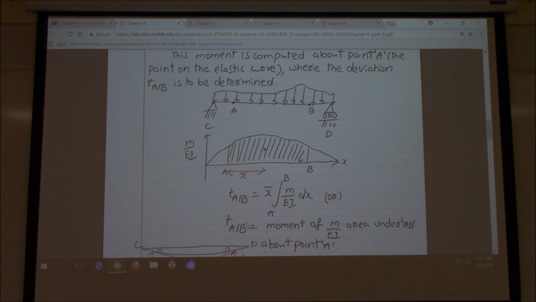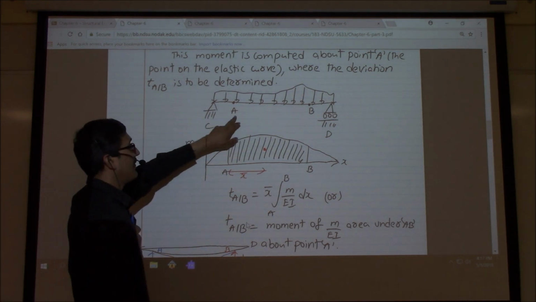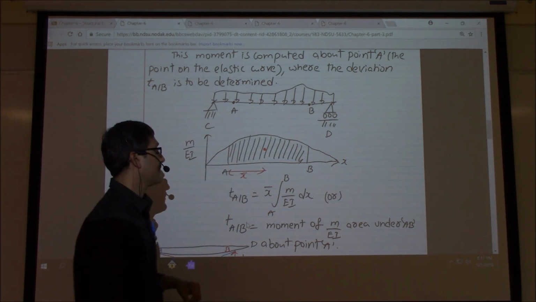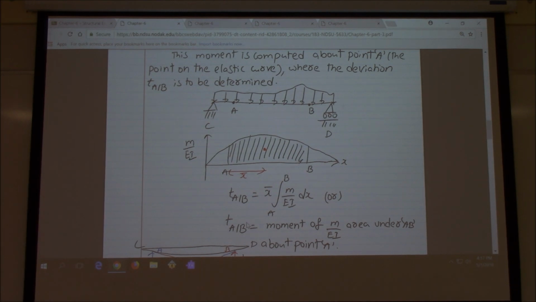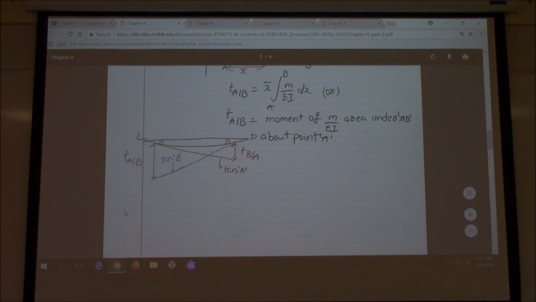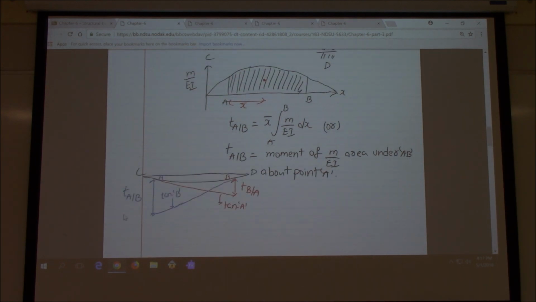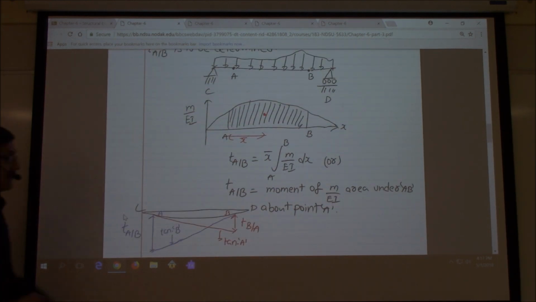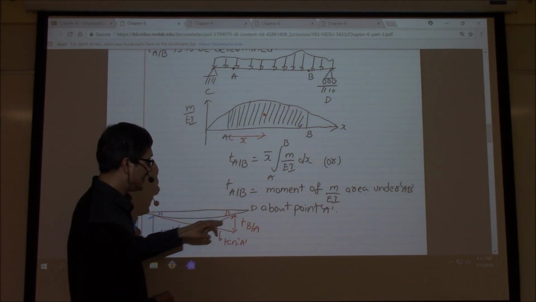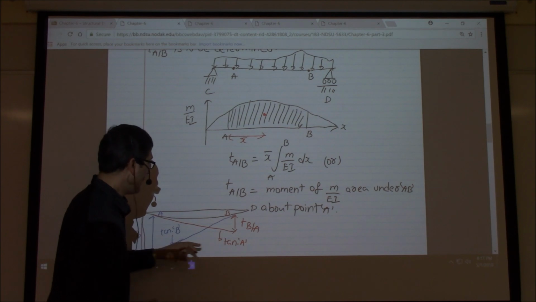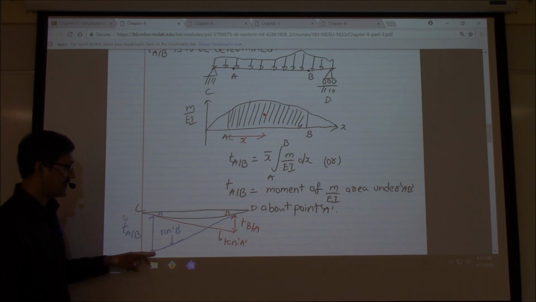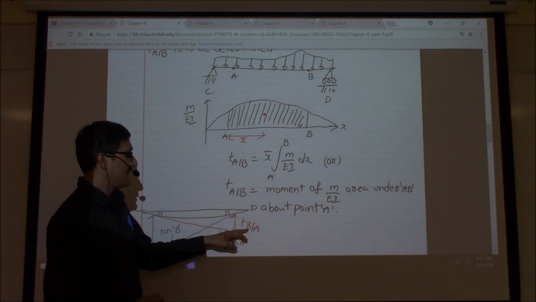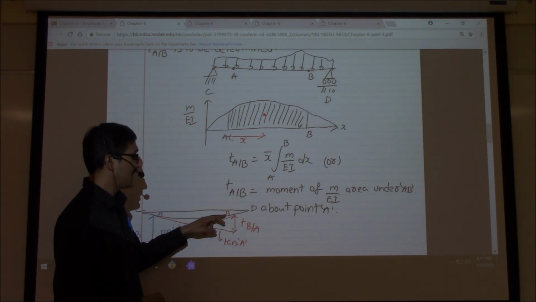For example, if this is the beam with an arbitrary load, and point A and point B are chosen, and this is the M by EI diagram, then here t B by A is nothing but the deviation of the point B measured with respect to the tangent that is passing through A. Here t A by B is nothing but the deviation of the point A measured with respect to the tangent that is passing through B. The most important thing is that the first subscript denotes the point of interest.